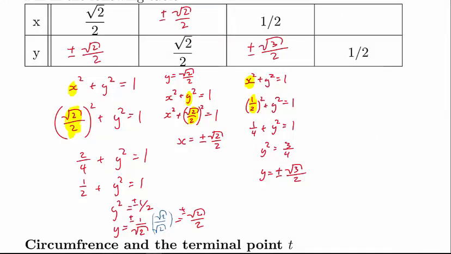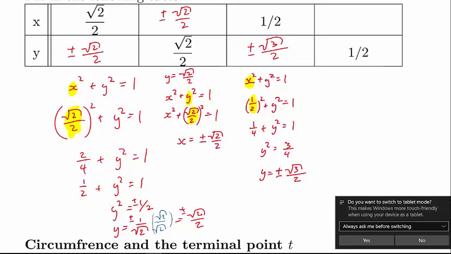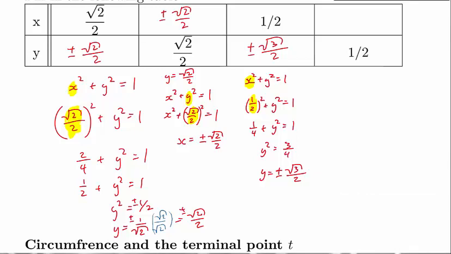Okay, so now we've got y equals 1/2 instead of x equaling 1/2, and so we're going to plug that in. Again, x squared plus y squared equals 1, and that is going to go right there.